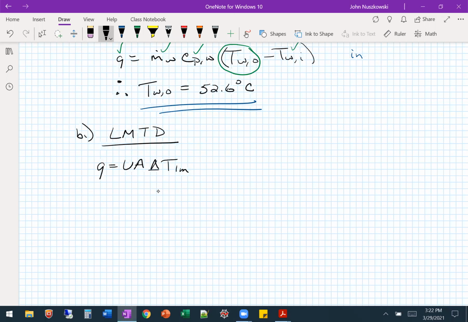In this problem we're counterflow, so the CF means counterflow. It has this log mean and not just delta T, because the temperature is changing as it goes through the heat exchanger, from the inlets to the outlets. So the log mean takes into account that change.